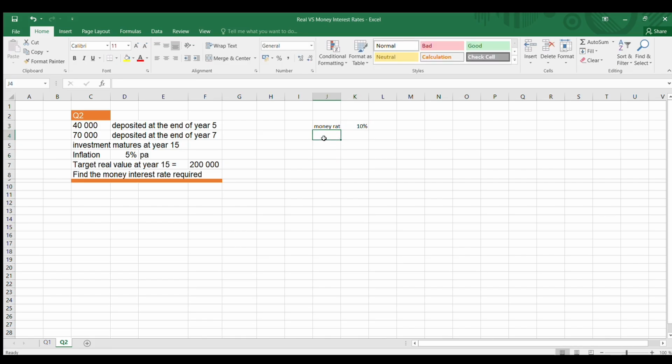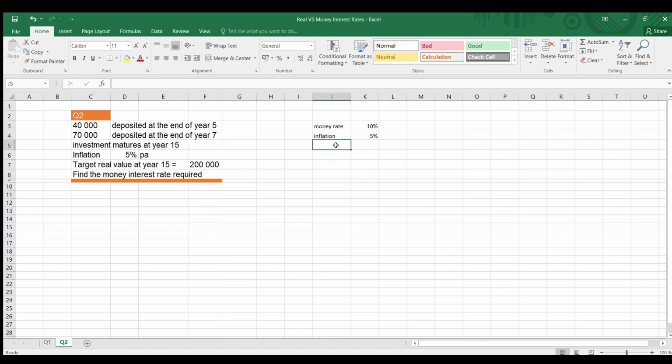And then we have our inflation, which we know is 5%, right? And now from this, we know that our real rate is simply going to be equals 1 plus I, or 1 plus our money rate, divided by 1 plus our inflation, which is 5%, all of that minus 1.